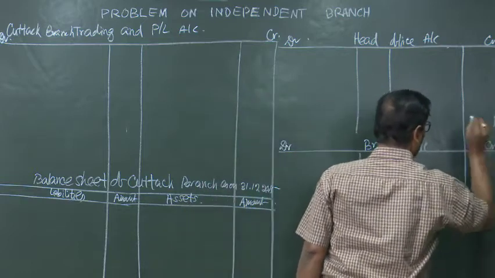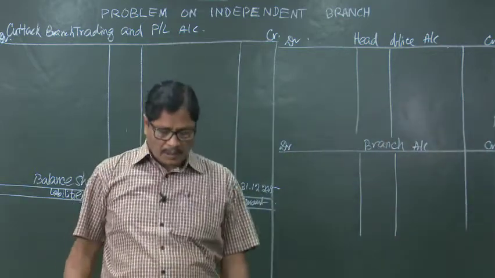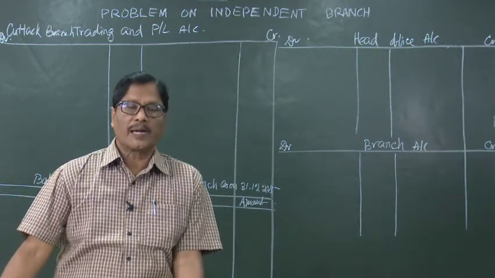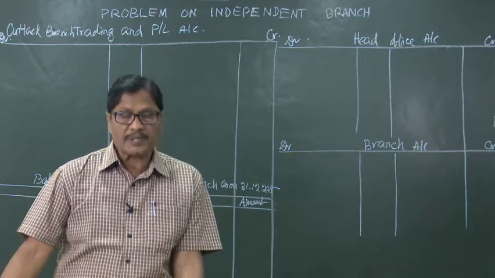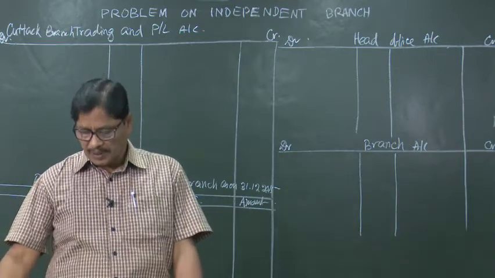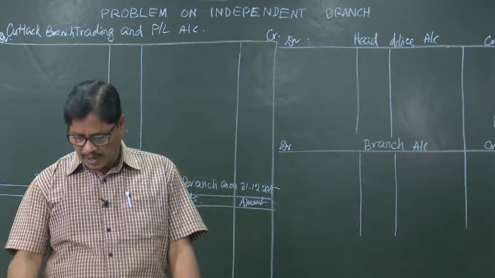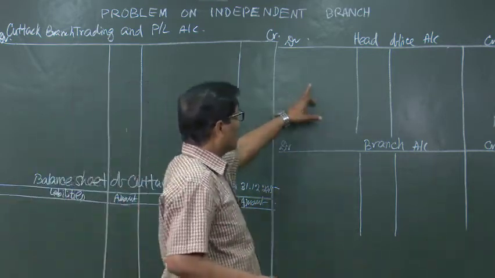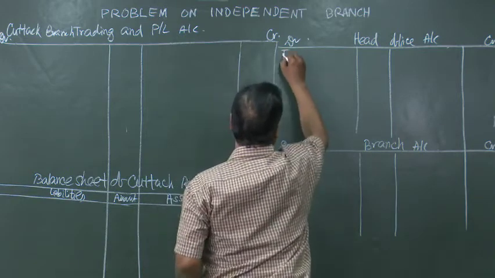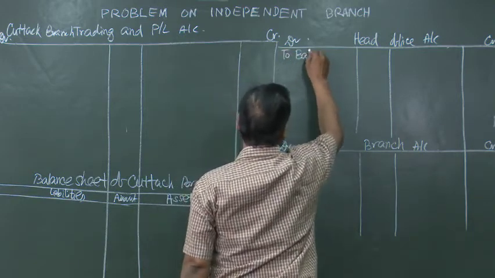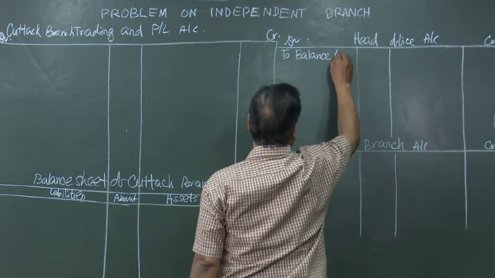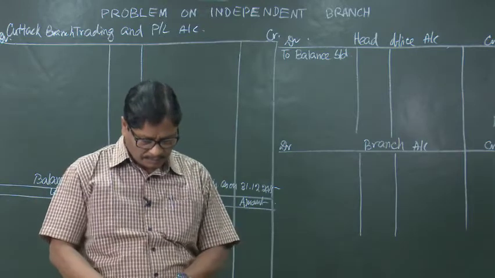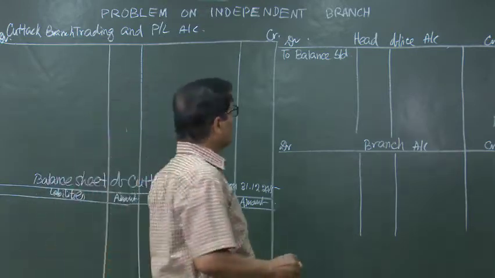First of all, Delhi head office account is showing a debit balance in the books of the branch at rupees 3,240. This 3,240 will appear in the head office account, showing as to balance brought down 3,240.